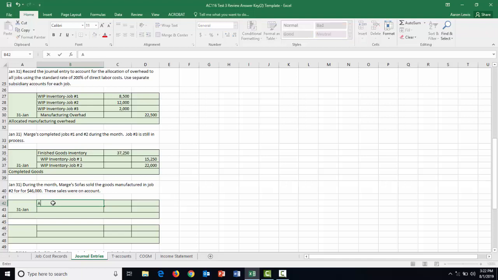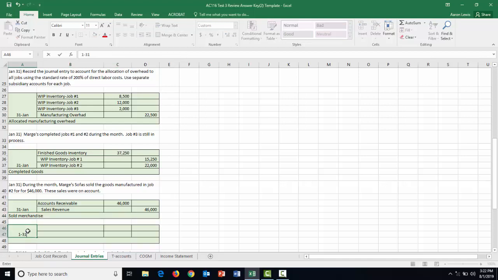Since they're on account, we are going to debit accounts receivable for the amount that we are selling for, which is given as $46,000, and we are going to credit sales revenue for that same amount. So we had $46,000 worth of sales. Let's record that in our description as we sold merchandise.